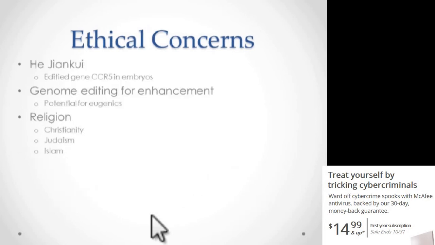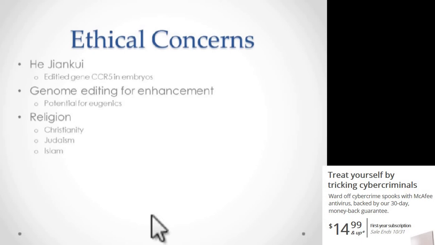But in 2018, there's a Chinese scientist whose name is He Jiankui, who came out in November 2018 saying that he had successfully edited the genome of two twin embryos, which was a bomb to the science community for many reasons.